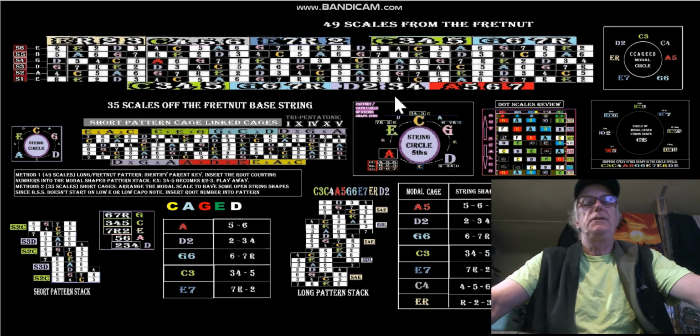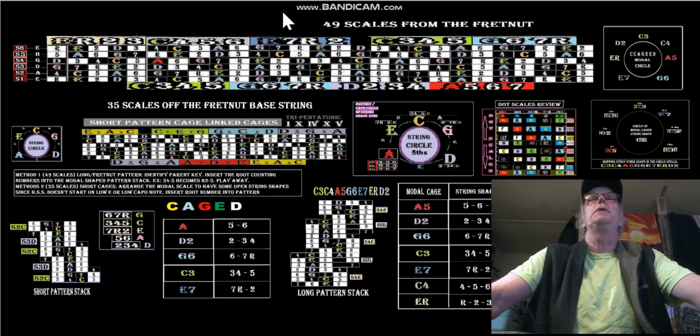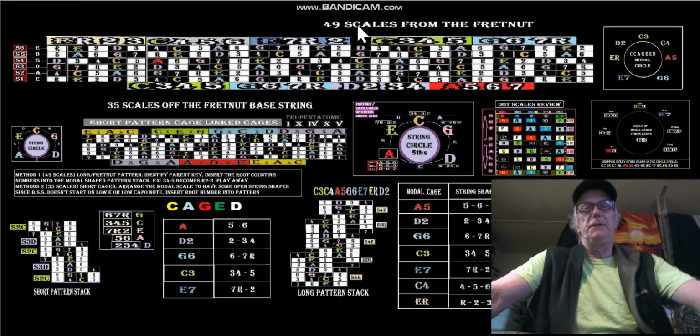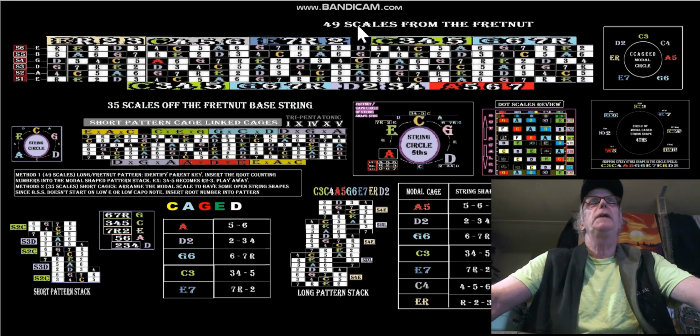So 70% of 84 is like 60 of them. Maybe we can play those on the longs, and that would leave 24 over here. Whatever the numbers are here, we'll just let that slide for now, because there are going to be exceptions anyway. So we'll modify these numbers. This could be 60 and 24.